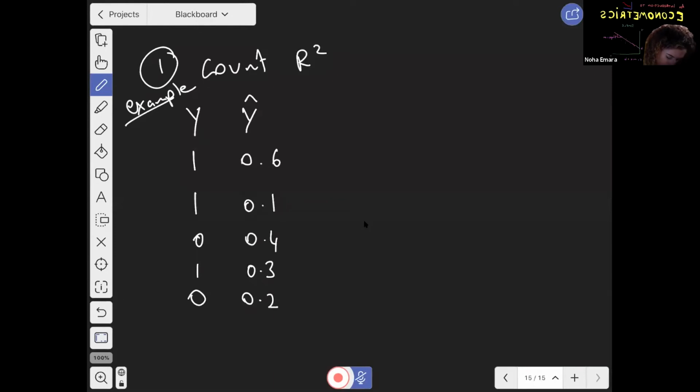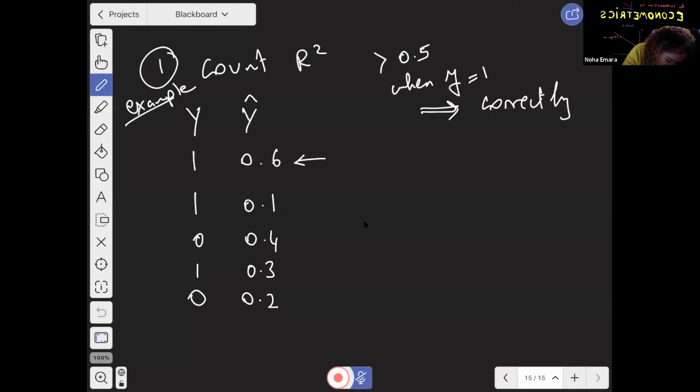The count R square is actually going to go over each observation, and if the estimation that you get is greater than 0.5 when Y is equal to 1, then the conclusion is correctly estimated.